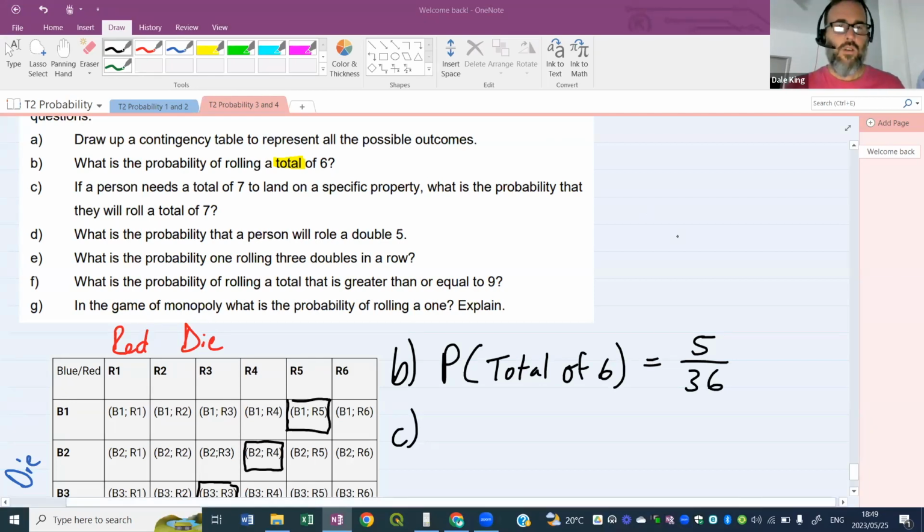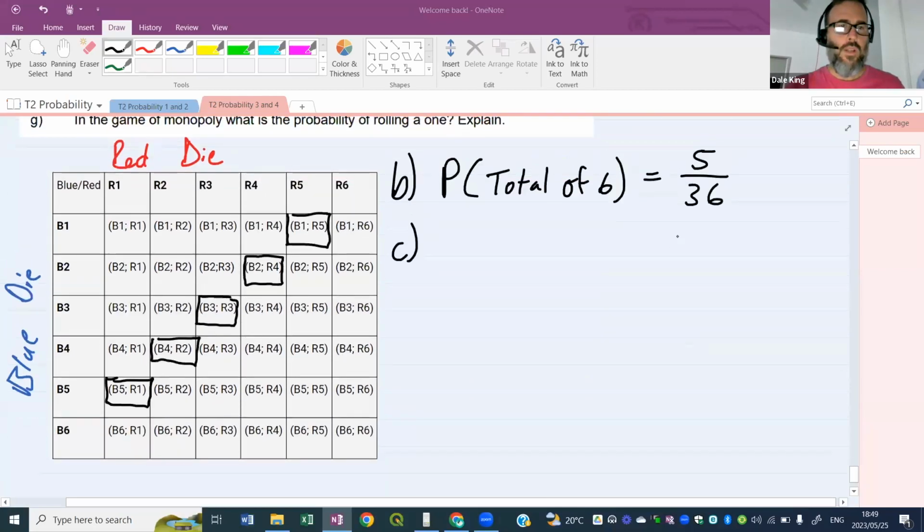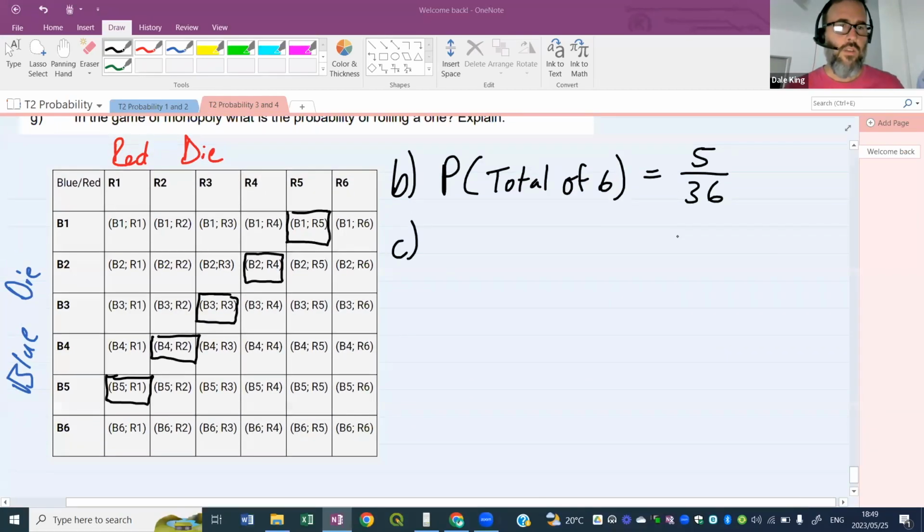So Bianca said, sir, the combinations that give us 6 are 3 and 3. 3 plus 3 is 6. 4 plus 2 is 6. And 1 and 5 is 6. Now, I see these combinations once here in the middle, but I see a 2 and a 4 there, and a 2 and a 4 there, and I see a 1 and a 5 there, and a 1 and a 5 there.